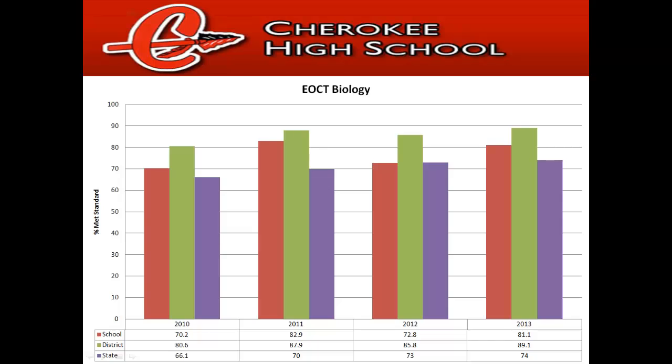The state, over the same time period, was 66% in 2010 and reached 74% in 2013. So here again, Cherokee High School and Cherokee County are well above the state average, but Cherokee High School is lacking when compared to the rest of the district by about 8 percentage points in 2013.